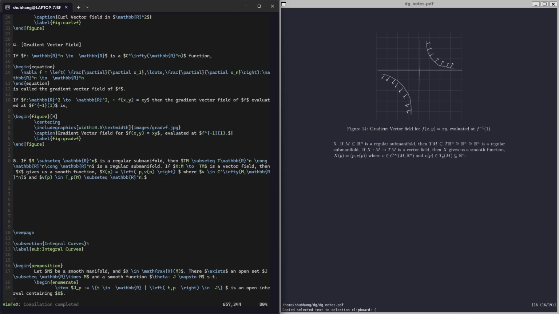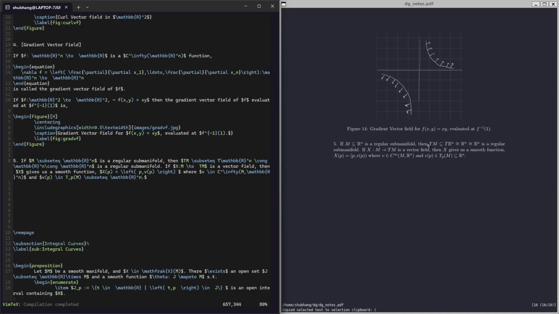So what we are saying is, if X is a vector field, then X gives us a smooth function X of P, where V is in C infinity of M comma Rn, and V of P is in the tangent space of M, which is in Rn, because it's embedded in it.